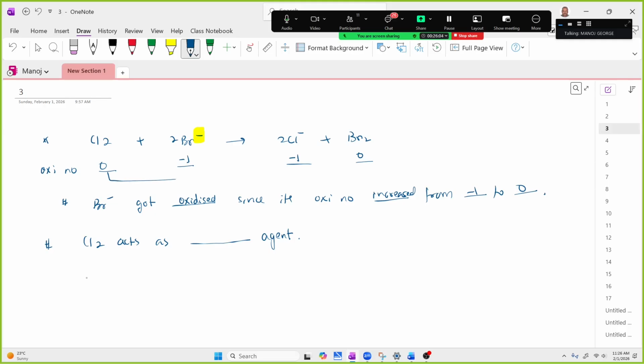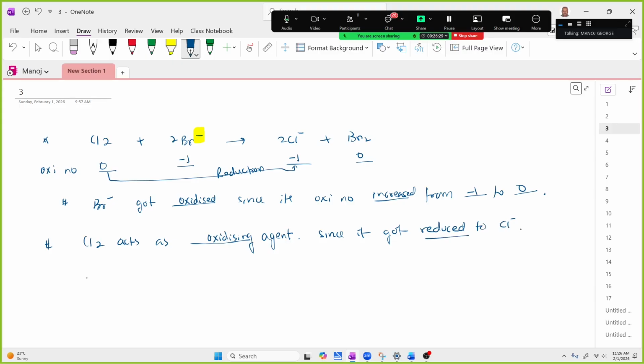So this is reduction. So chlorine got reduced, so it's going to act as an oxidizing agent since it got reduced.